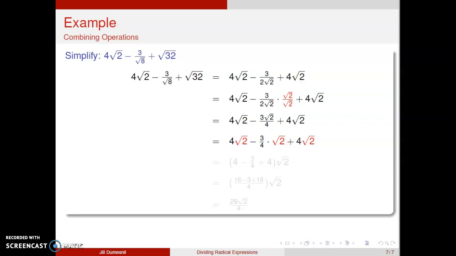The easiest way to collect like terms in this case is to use the distributive law to factor out the common factor of root 2 and add the coefficients in parentheses. The coefficients in parentheses involve fractions, so we need common denominators to add fractions. Our final simplified answer is 29 square root of 2 over 4.